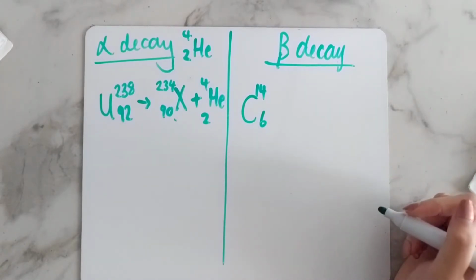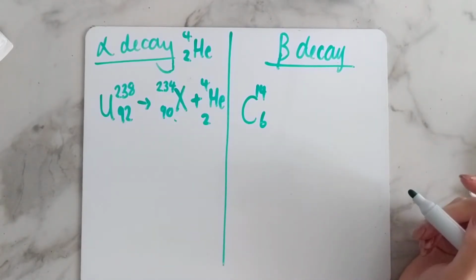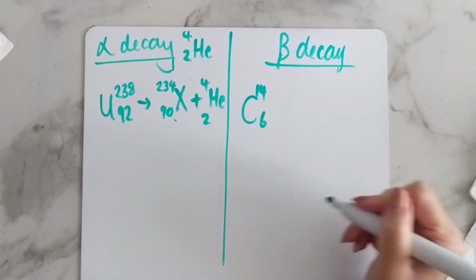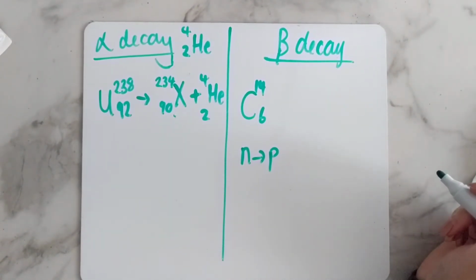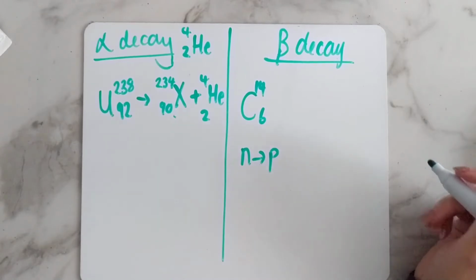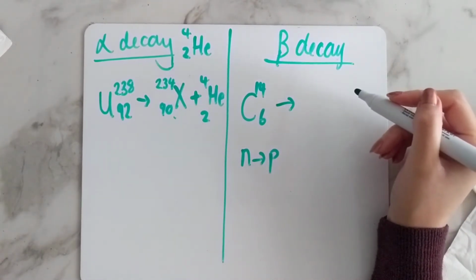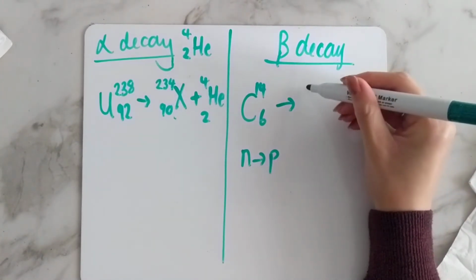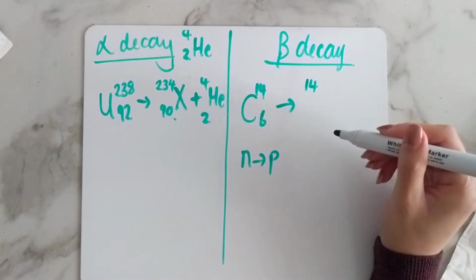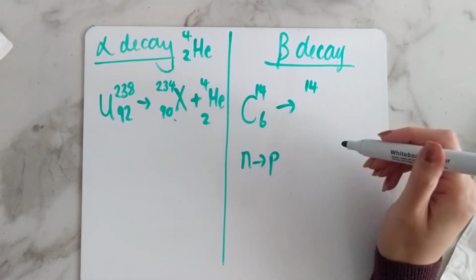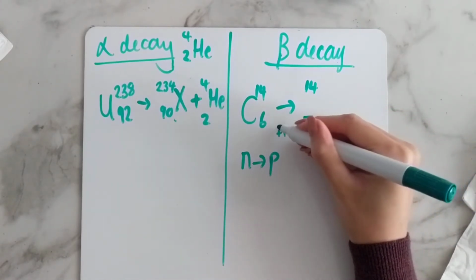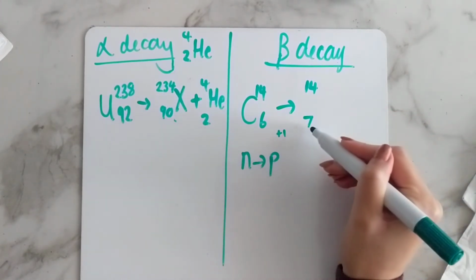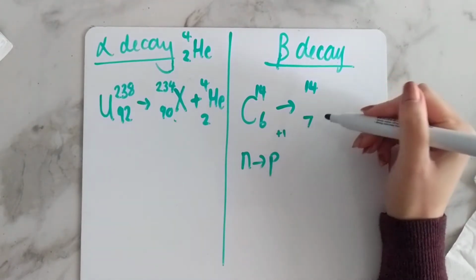So beta decay, remember, is when a neutron turns into a proton in the nucleus and a fast moving electron is released. So all you have to do in this case is the top number stays the same, and because one neutron turns into an extra proton, we plus 1 for the atomic number, for the bottom number.